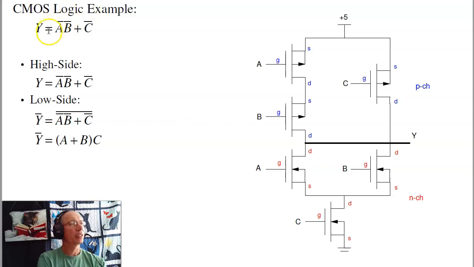Then this is actually the high side. Y is series is AND, A bar and B bar. Parallel is OR, and parallel with C. So there's the high side. The low side is De Morgan's theorem. Series becomes parallel, A or B. Parallel becomes series. So this is a CMOS gate to implement Y equals A bar, B bar, or C bar.